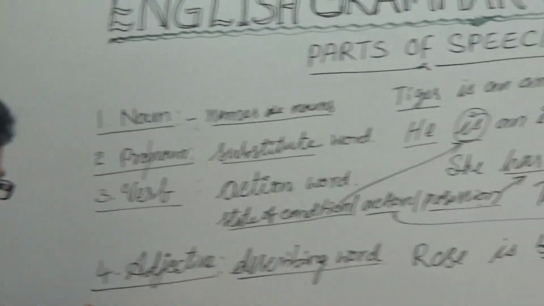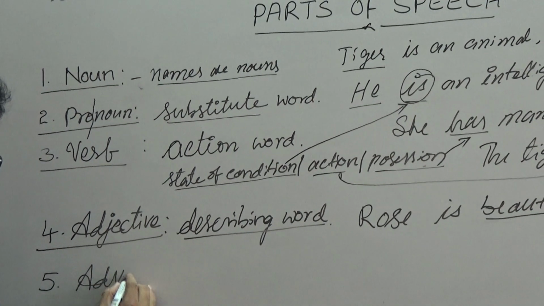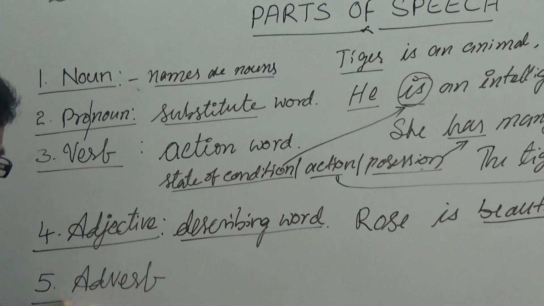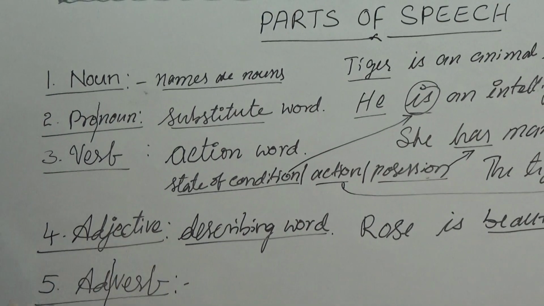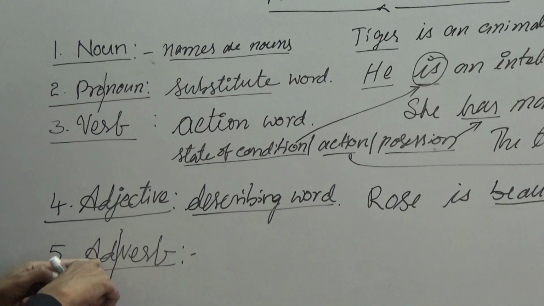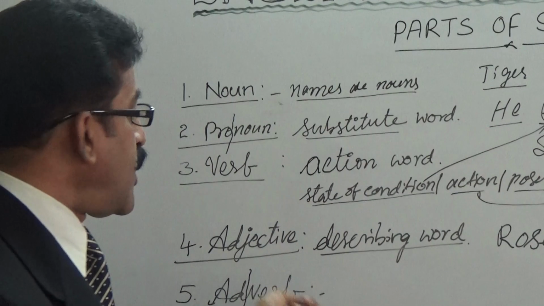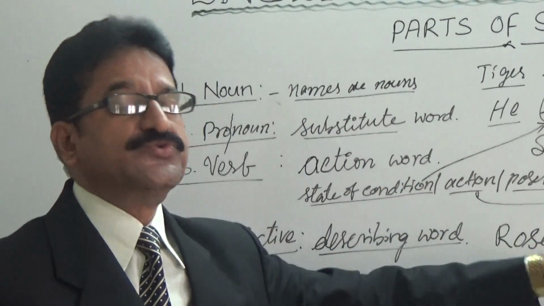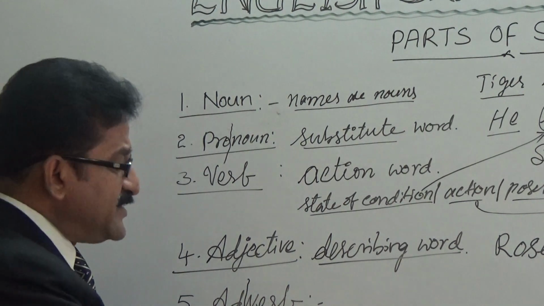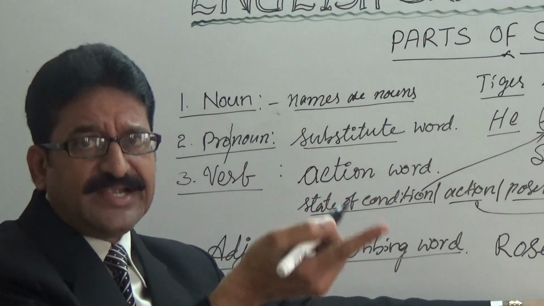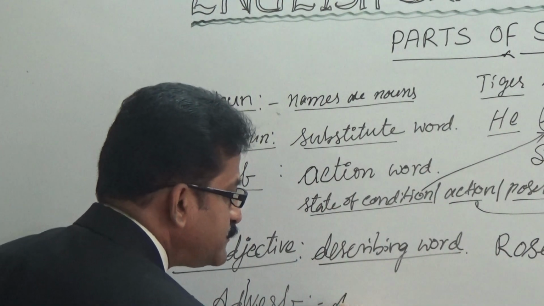And the fifth one is adverb. An adverb adds something to the meaning of a verb or an adjective or another adverb. So that is why we simply call it a modifying word.